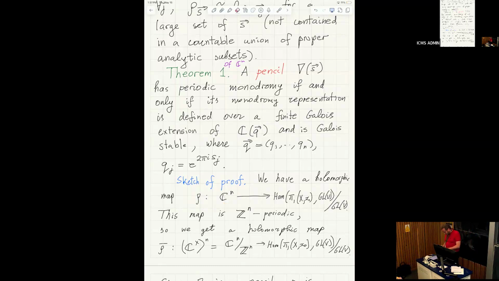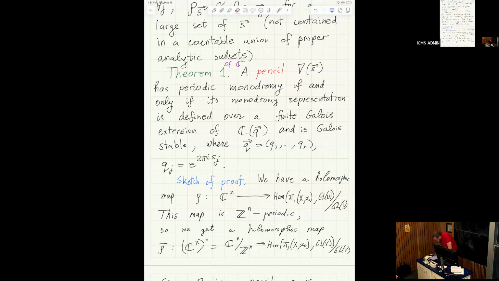But here it's different. We have a map from C^n to the space of representations of the fundamental group. This is not a variety, this is a stack, which means that you have to be careful, but let me sweep it under the rug, because you only care about generic pieces of some strata.